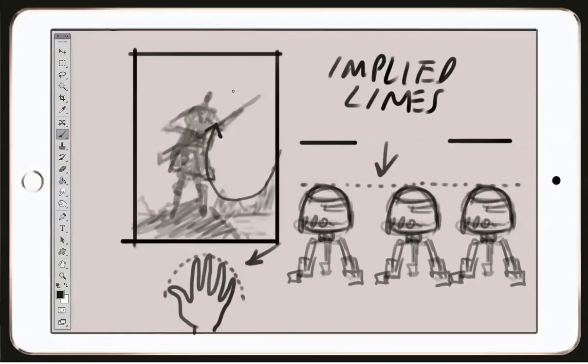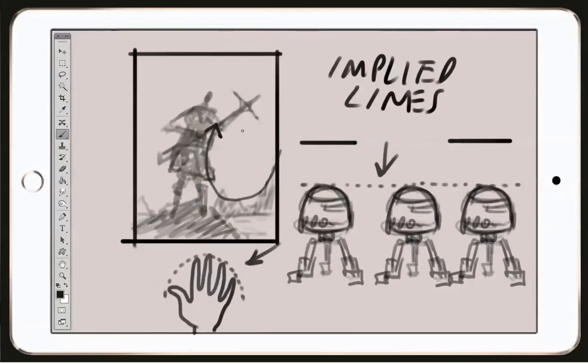Well, you can do that by adding some kind of counter movement here to the gun. So this is a counter movement. It is moving in the opposite direction of the gun. So there could be something here on this weapon that has that diagonal direction like that. And that stops the eye from moving over toward the right and out of the picture area.